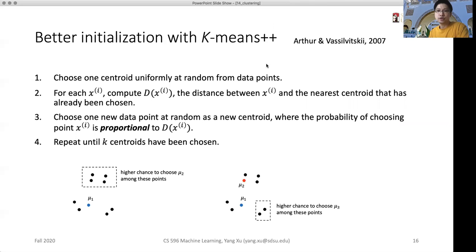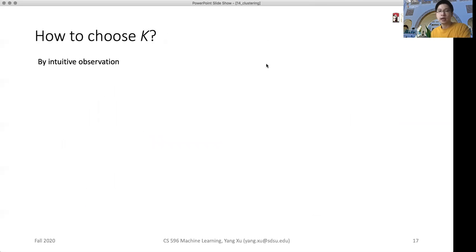And the second issue that K-means faces is how do we choose K, right? In the example we used, it's obvious by observing it that there are two clusters in the data sets. But in some cases, it's hard to choose K because sometimes the pattern is not clear.